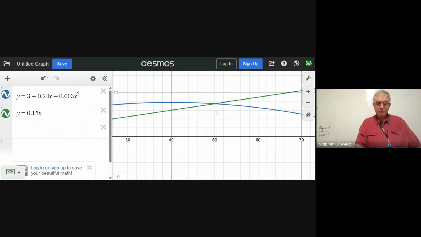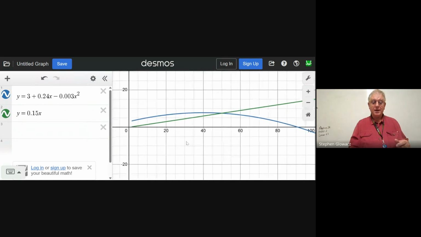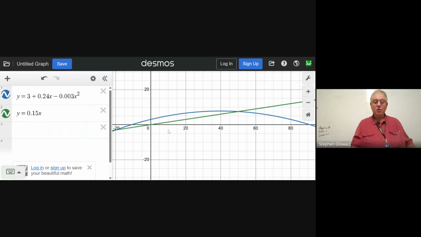And what you're looking for is where, let's go ahead and zoom out so we can see that. The height of the path of the cannonball is the parabola, the curve there. I know there's a lot of cannonballs out there today, but anyways, we'll go with what we have here. So this is the path of the cannonball, and then the line represents the slope of the hill. What we're looking for is where that cannonball lies on the hill.